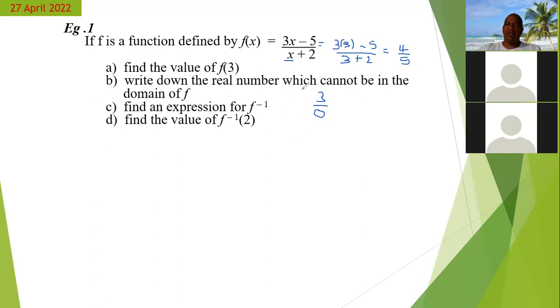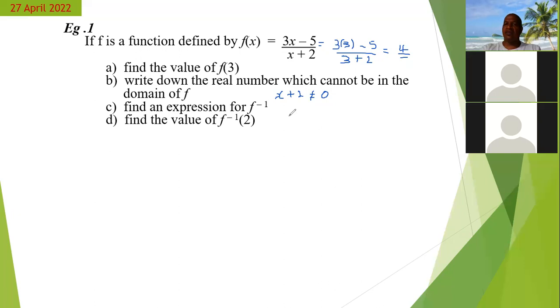All right, so in answering this question, one other thing that you want to say is that the denominator, which is x plus 2, cannot be equal to 0. Because if it is equal to 0, it will be undefined.